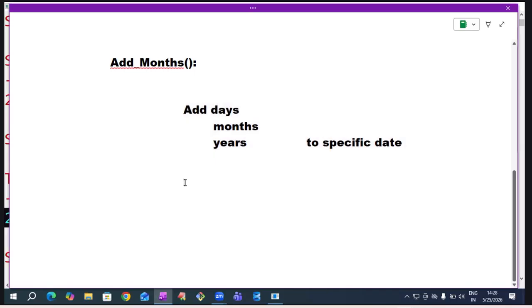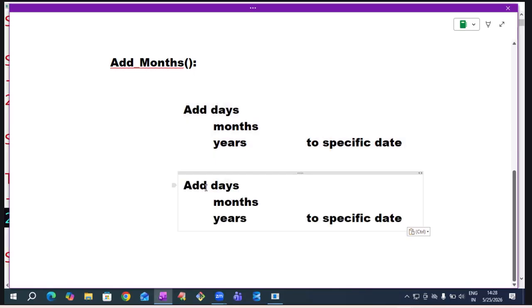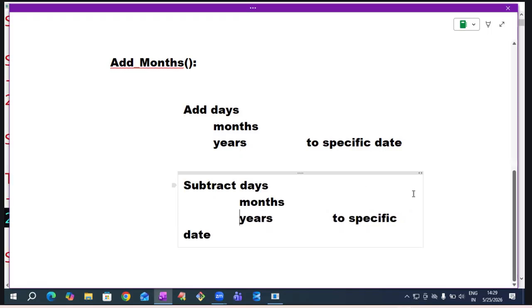And 3 more cases are there. As a developer, we must know how to subtract days, months, and years from a specific date. These 6 cases, if we know comfortably, we can work with future dates and past dates.